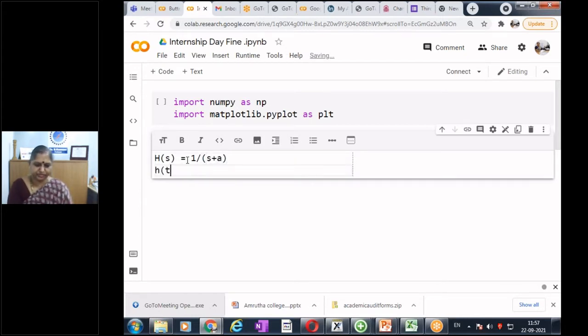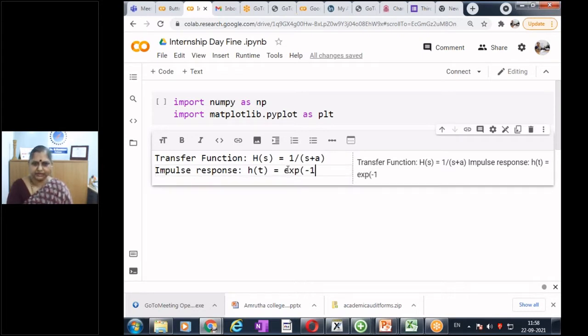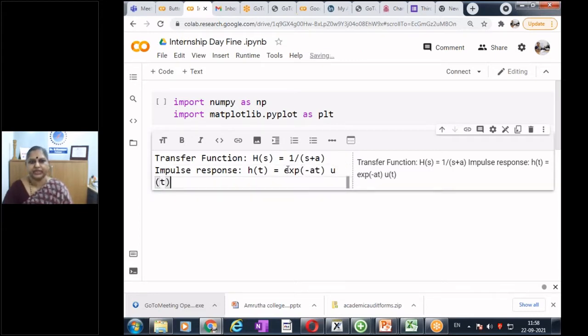This is the transfer function H(s). This is the impulse response h(t), and what is the impulse response h(t)? It is e to the power of minus at into u(t).